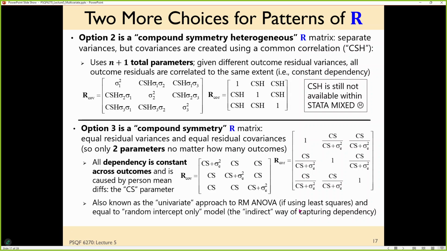That's what's known as compound symmetry. That's also known as the univariate approach to repeated measures in a least squares sense, and that's a constant correlation. So if a constant correlation fits and is reasonable, then putting in a fixed effect of person would be fine. But if it doesn't, then it will not be controlled for enough to the same extent.